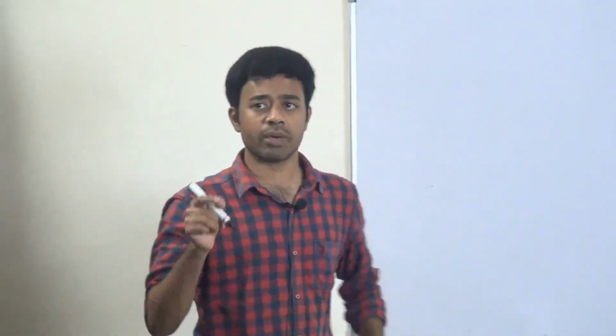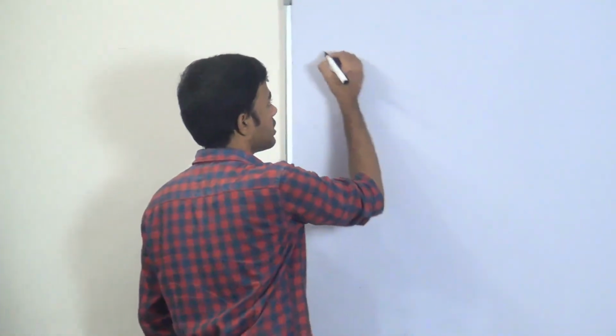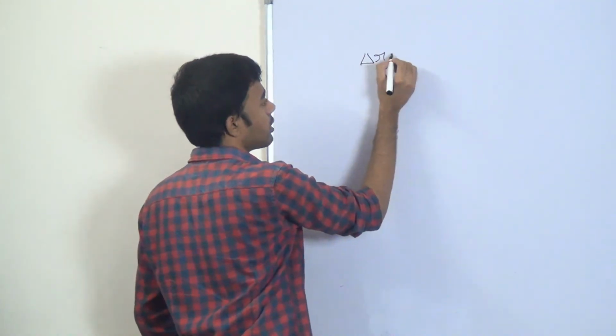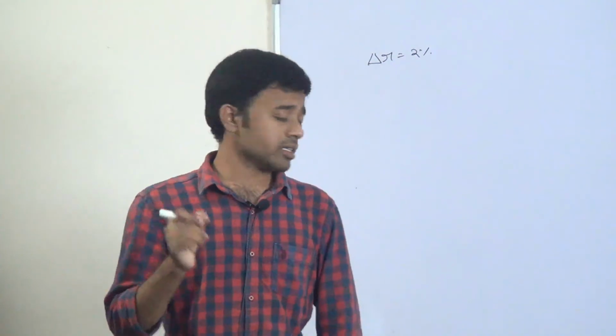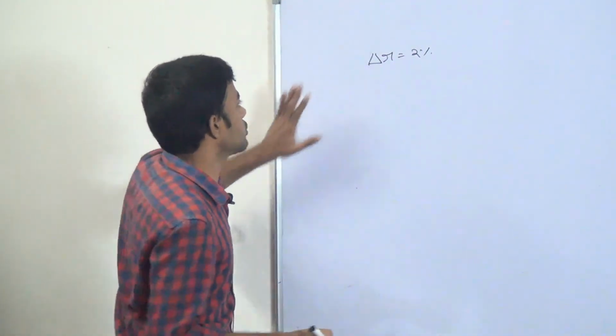Next here we have a problem. If the error in measuring the radius of the sphere is 2%, that means it is given in percentage.